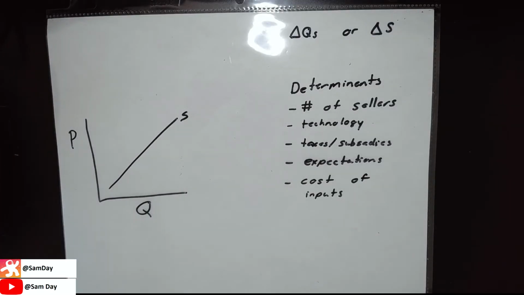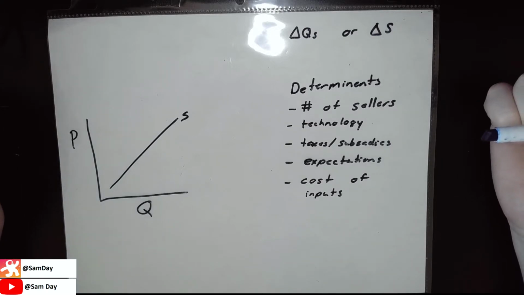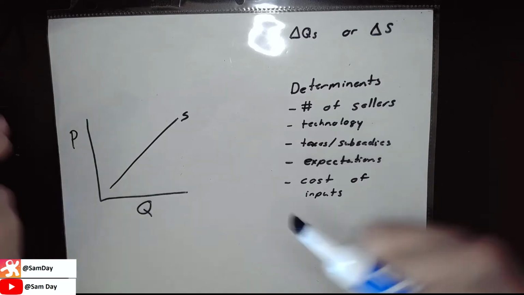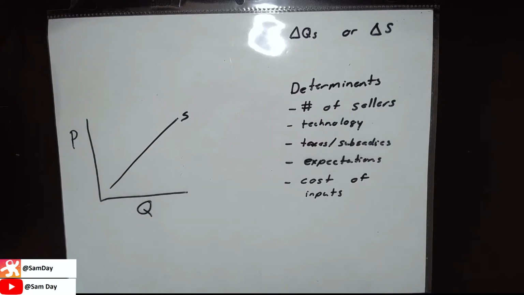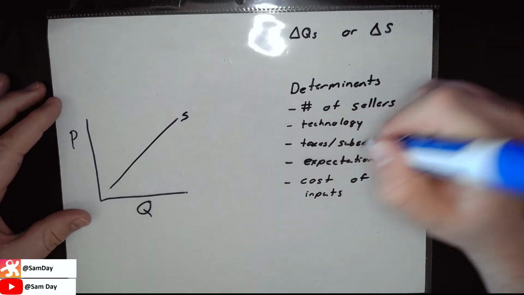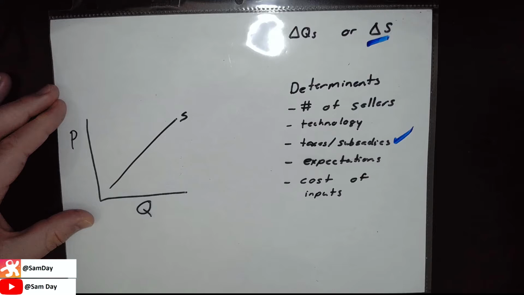So, still keeping with the realm of candy, let's say that the government decides to tax candy or candy companies because they're making kids fat. Because that falls under taxes and subsidies, that is a change in supply.